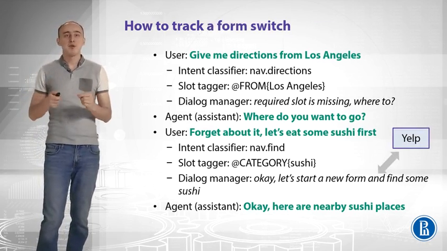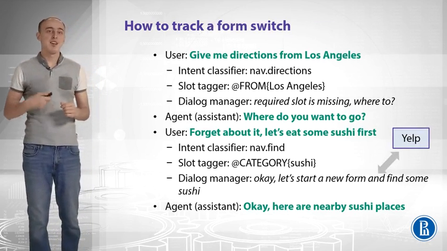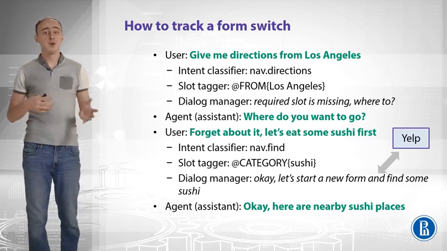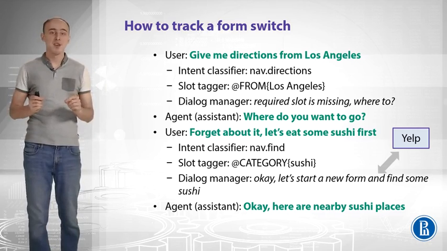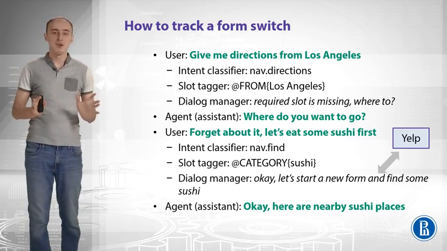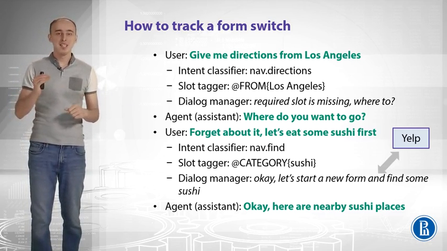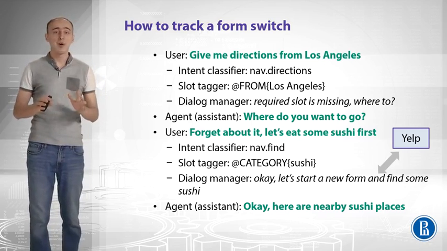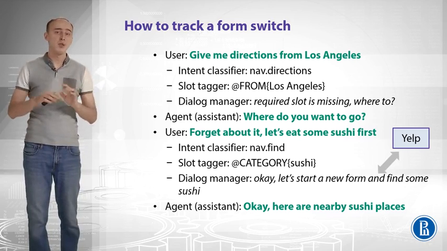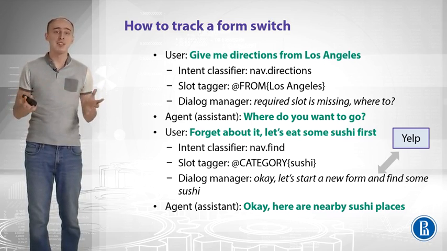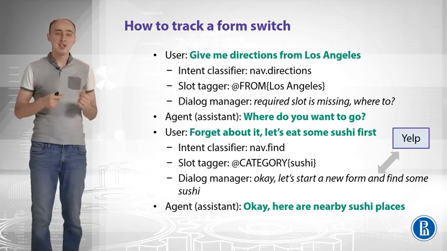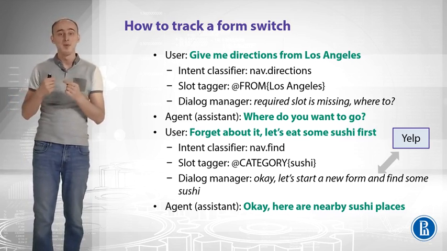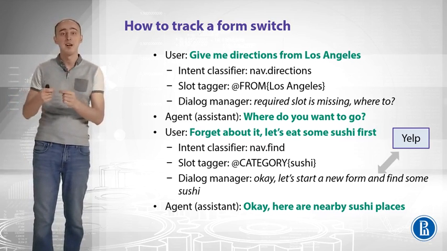Okay, but how do we track a form switch? Imagine that at first the user says, give me directions from LA, and then we ask, where do you want to go? And this time the user says, forget about it. Let's eat some sushi first. So this is where we need to understand that the intent has changed, and we should forget about all the previous slots and all the previous information that we had, because we don't need it anymore. The intent classifier gives us navigation find, and the category is a slot, which has the value sushi.